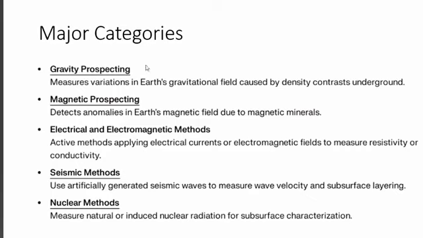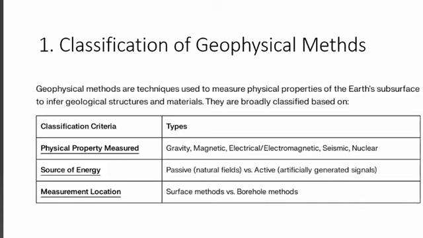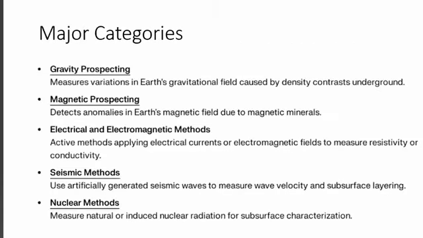Okay, so for geophysical methods, we have some very major categories. When we are talking about classification based on the physical property measured, we can have the gravity prospecting method, which measures variation in Earth's gravitational field caused by density contrast in the ground.